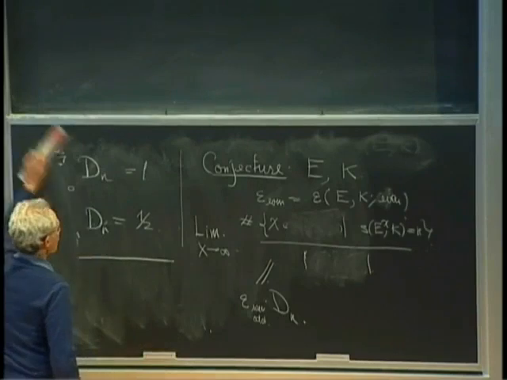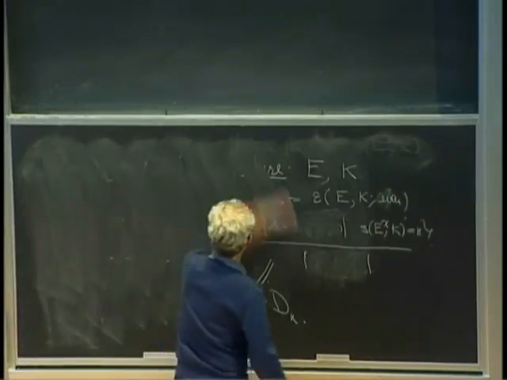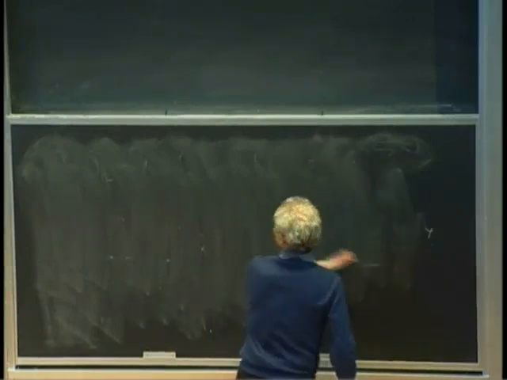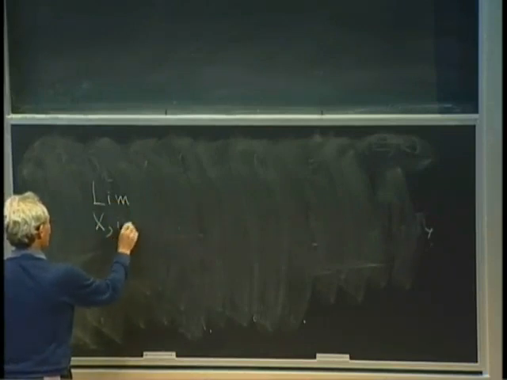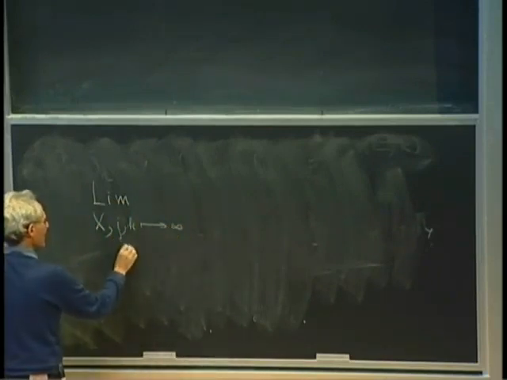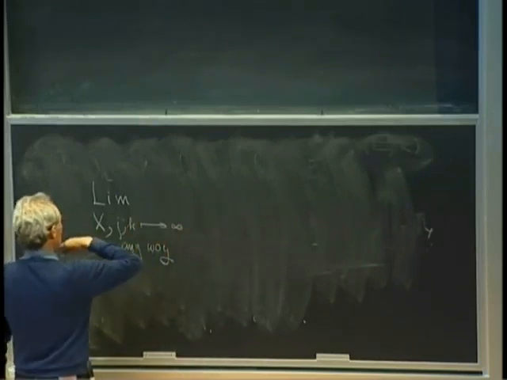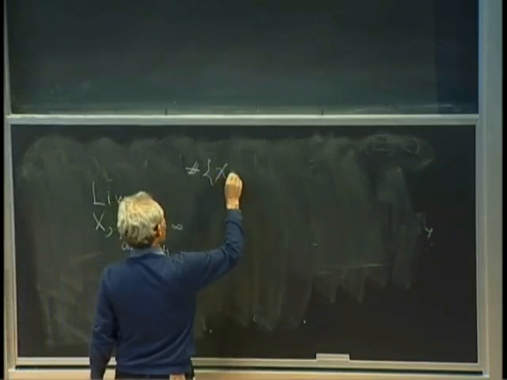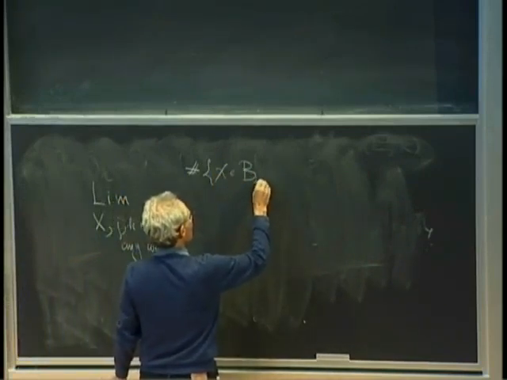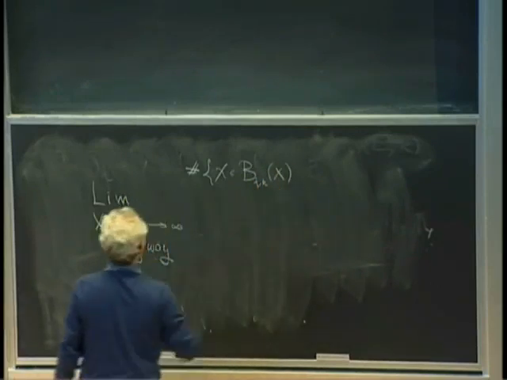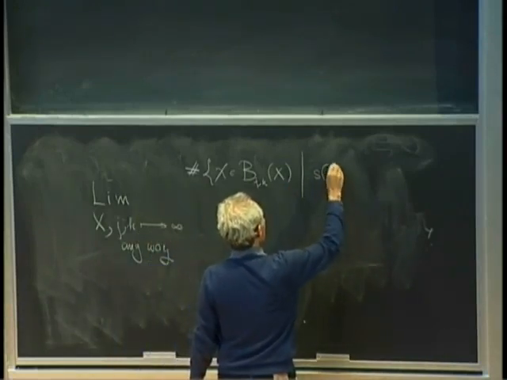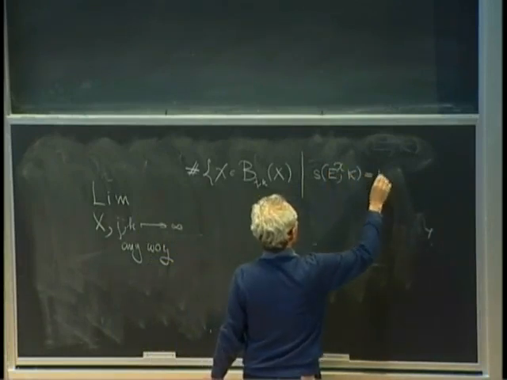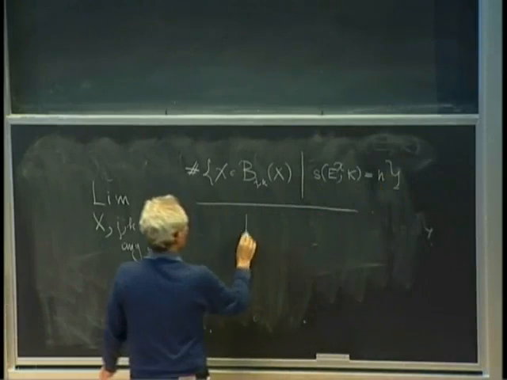Okay. And now here's the theorem. Maybe I'll write it here. The limit as x, j, and k go to infinity in any way you want, of the ratio, the number of chi in the box B_{j,k}(x) such that the Selmer rank of E_chi over K is equal to n, over the number of elements in my box.